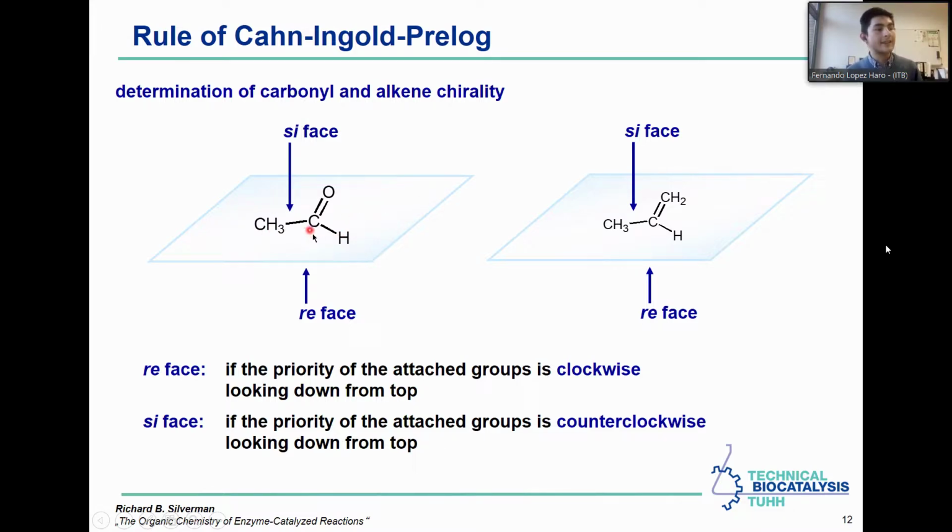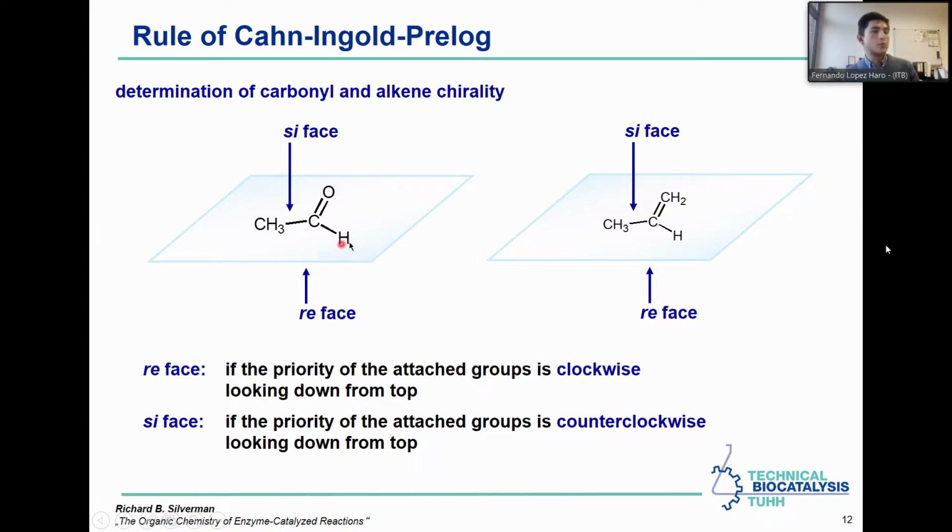The only difference is that here we're looking at flat molecules, and when we're looking at flat molecules, we have only two sides. The Si phase is the one we are looking at if the order goes counterclockwise, and the Re phase is if the substituents have an order of being clockwise.